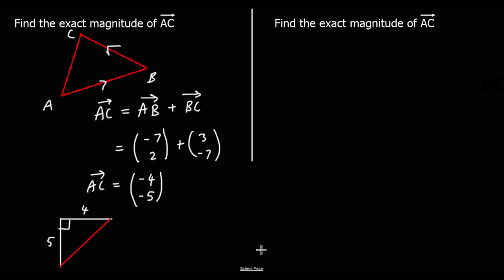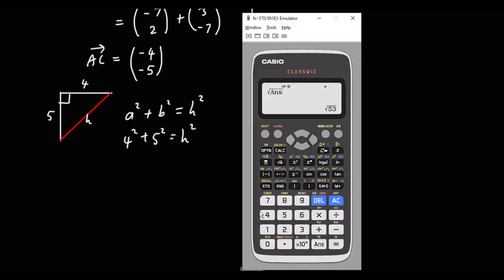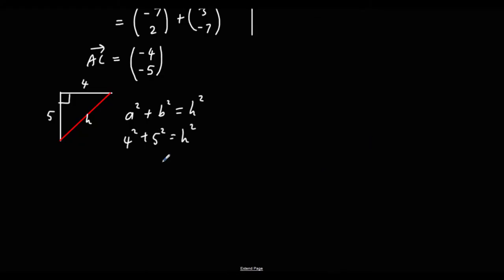So we're working it out using Pythagoras. We've got a squared plus b squared equals h squared. 4 squared plus 5 squared equals h squared. So 4 squared plus 5 squared is 41.